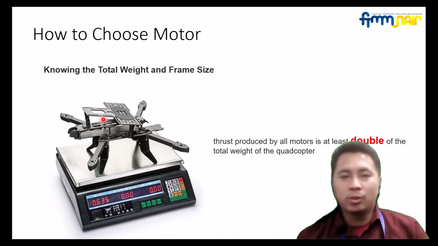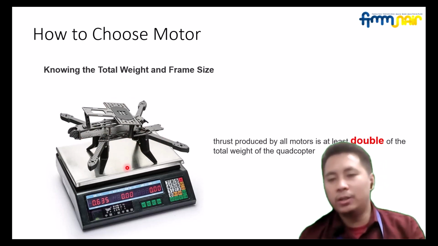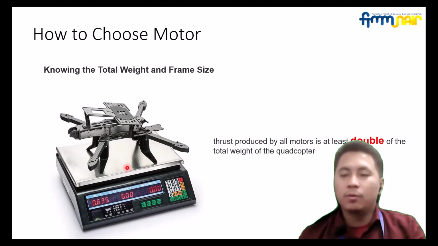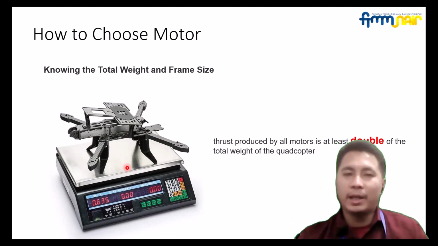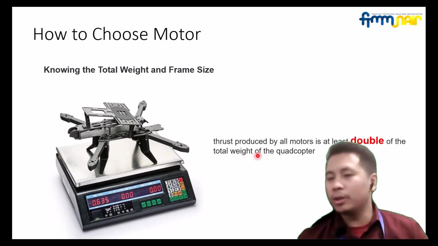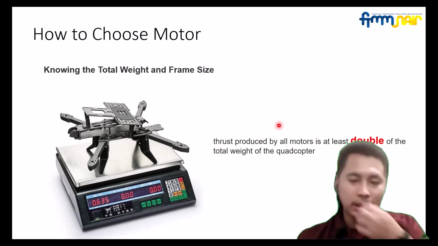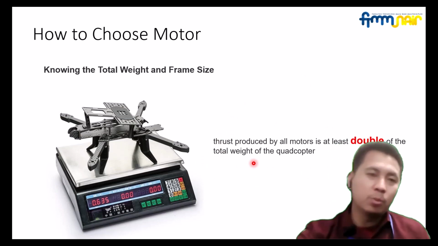Put that on the scale and write down the weight. That is very useful information to decide what motor or battery to use. The thrust produced by all motors should be at least double the total weight of the quadcopter. That is the key when you are building a multicopter.